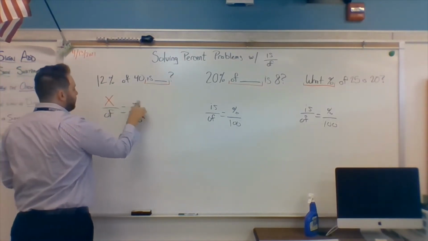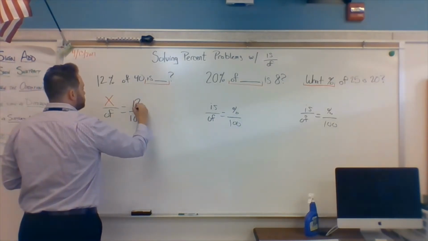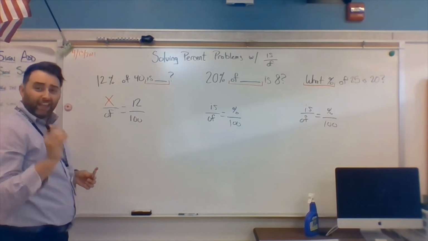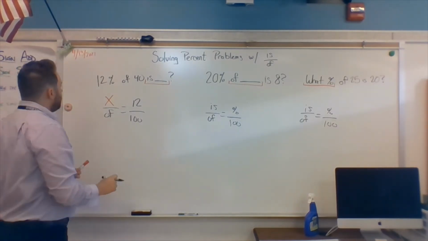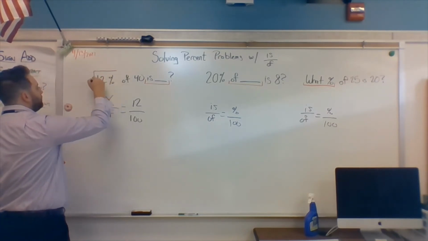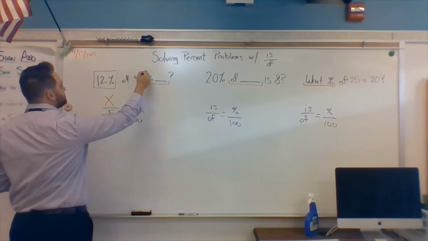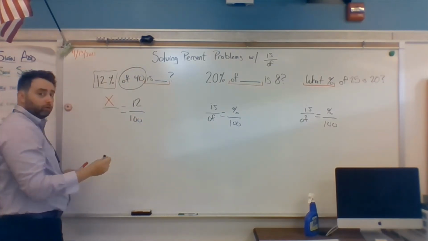Percent is 12. Fill that part in. 12%. Percent is always over 100, okay? Even if it is greater than 100%, it's over 100. And then the of. We got the 12. So that leaves us with the of. Of is 40. The whole is 40.